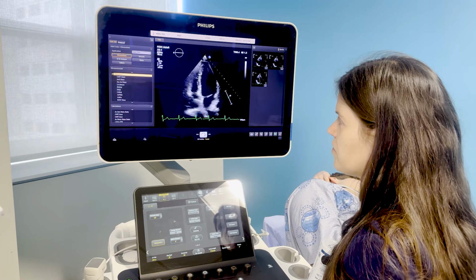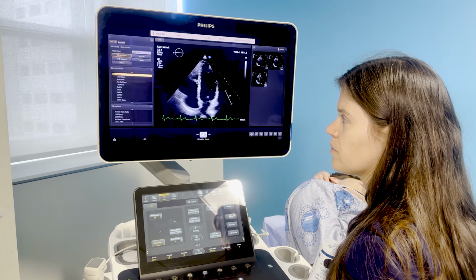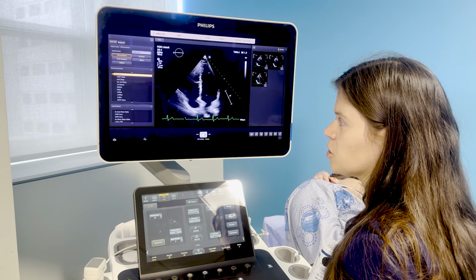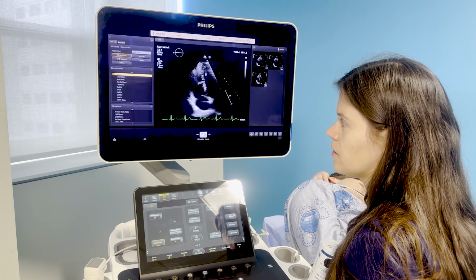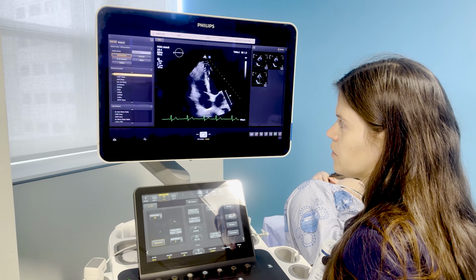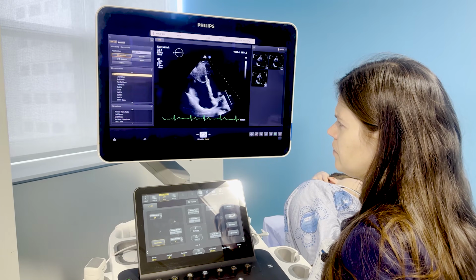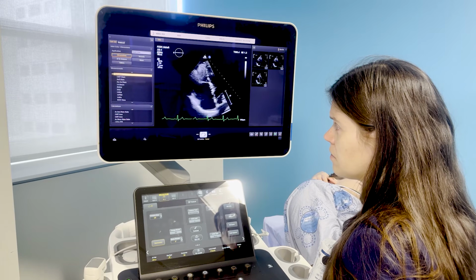A common pitfall is that you can sometimes feel that you can see the right atrium better from the axis where you're in your true four-chamber. But the new guidelines do want you to be more lateral than that, just to make sure we're doing it in a standardized way. Okay, great point. So can you show us how we would do the RA measurement?